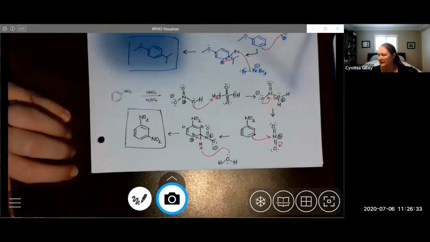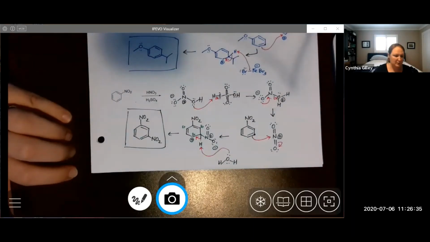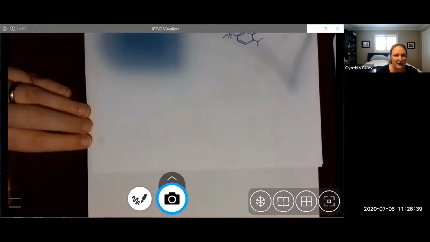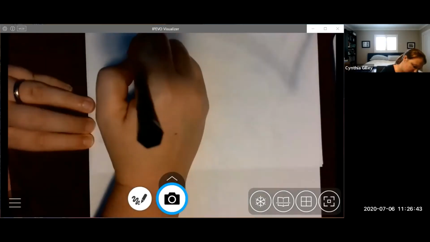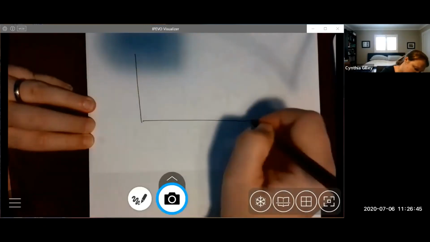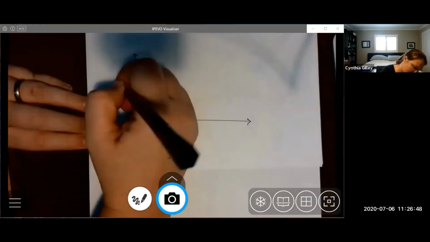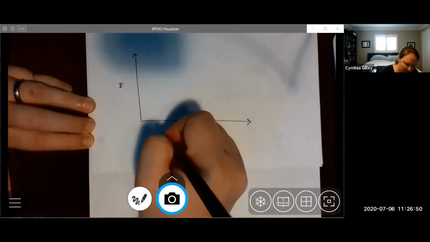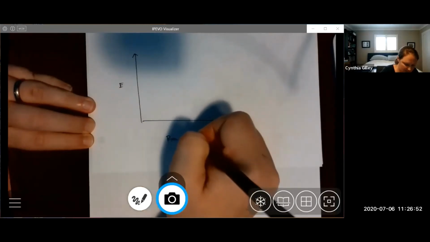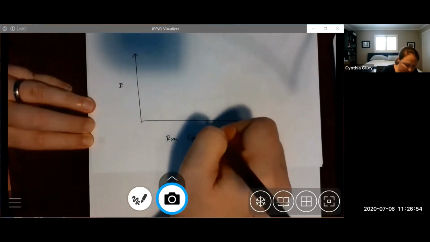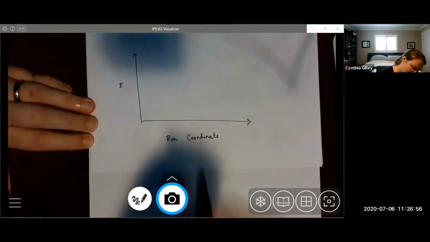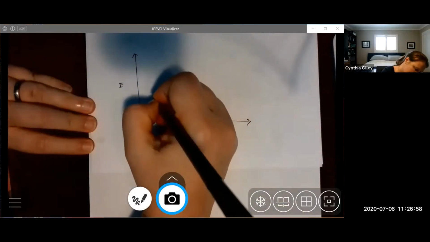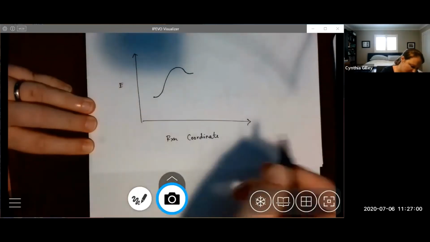One thing I didn't talk about in activity 1 when I pre-recorded it, but I regret it now, is talking about the reaction energy. So in terms of an energy diagram, energy here and something like reaction coordinate. The reaction here is going to be generating an intermediate.